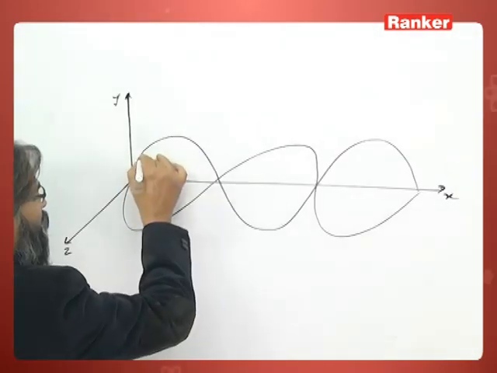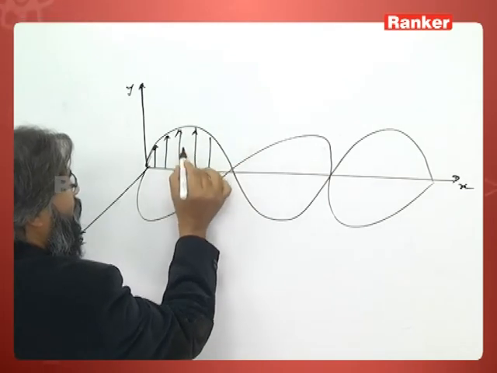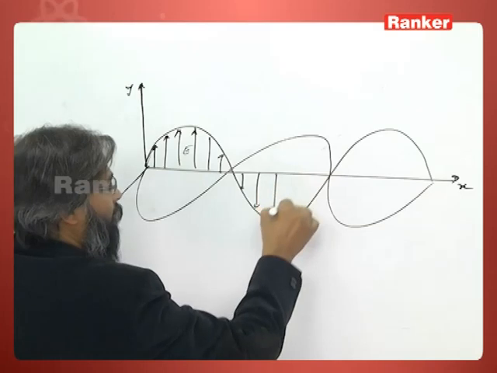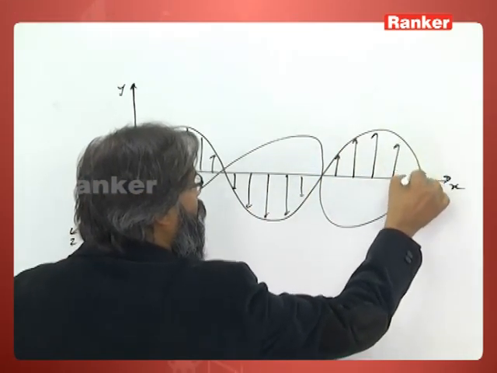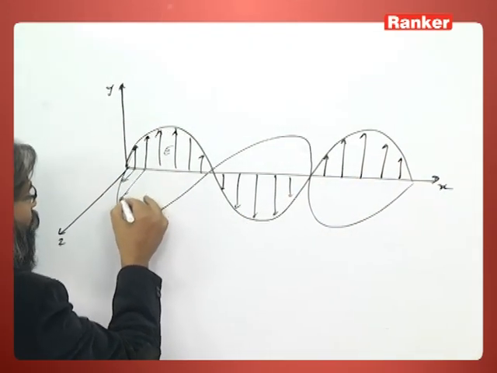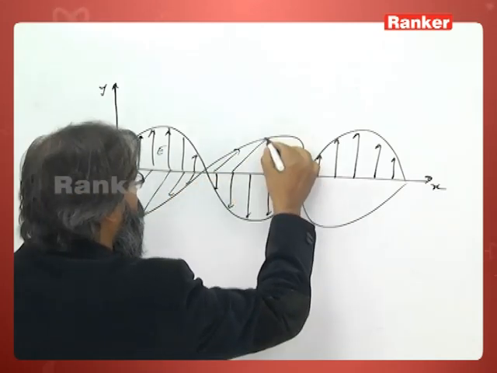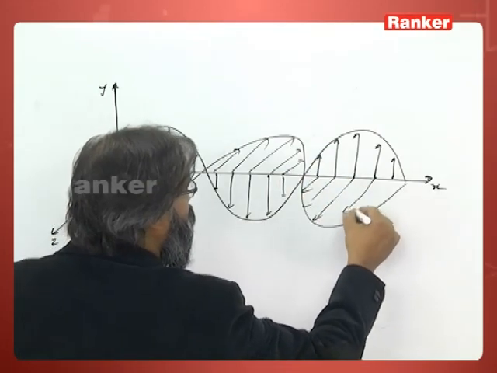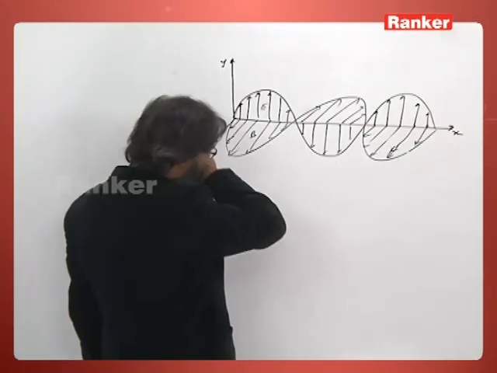Self-sustained means, you see, this is the E field, E varies sinusoidally, and a similar B field is also there.